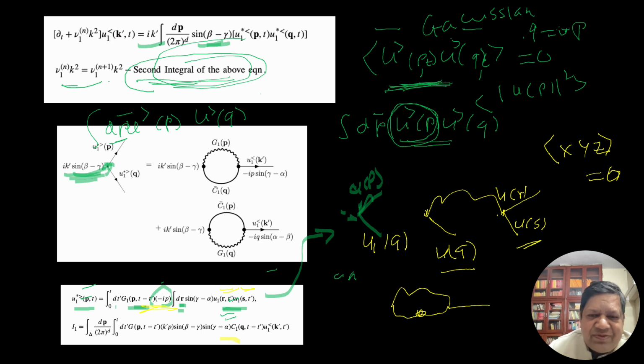And you can easily see, in fact, let me write it here. What is R plus S? R plus S is P, because it's a convolution condition, so you're writing P. And if S is minus Q, then what is R? R is P plus Q.